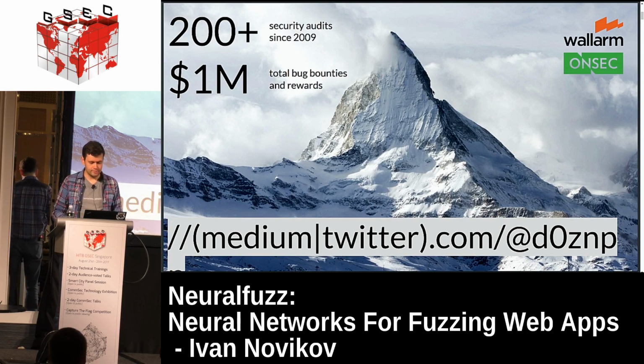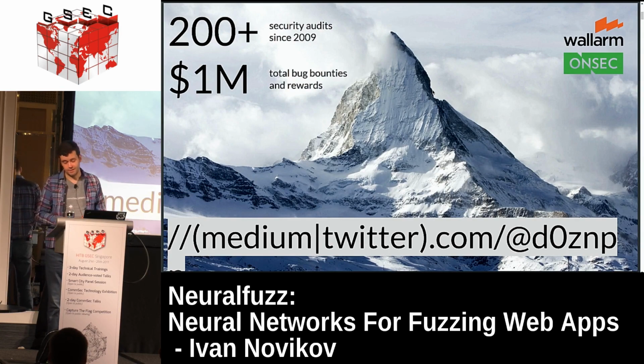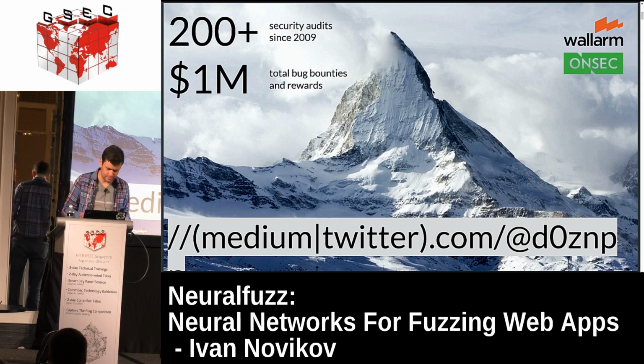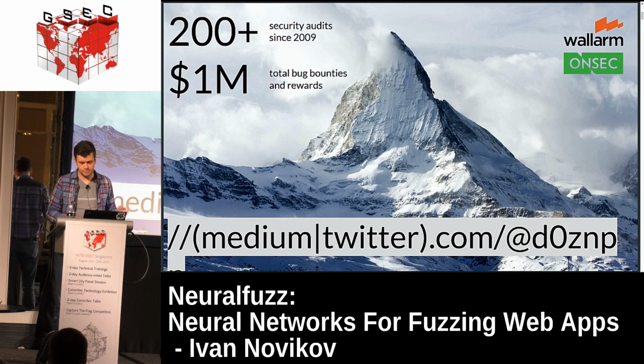I'm also a bug bounty hunter, and I really like to find bugs using techniques like fuzzing, because it is super nice to earn money through bug bounties. My total bounty is about $1 million over the last 5 to 7 years. It's my Medium and Twitter. Just find me if you would like to follow me. I'll try to explain all these things regularly on my Twitter and Medium accounts.